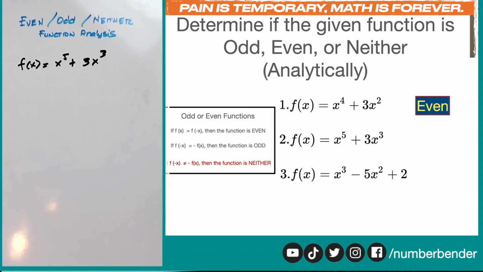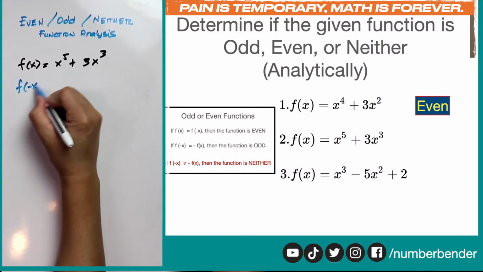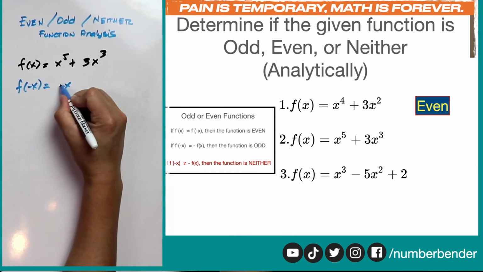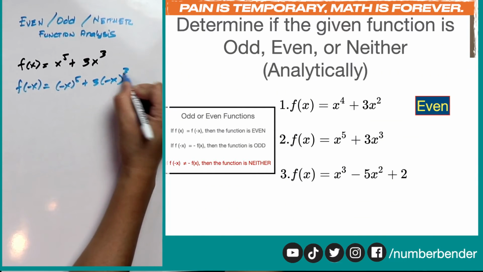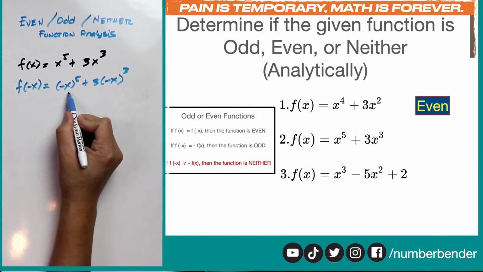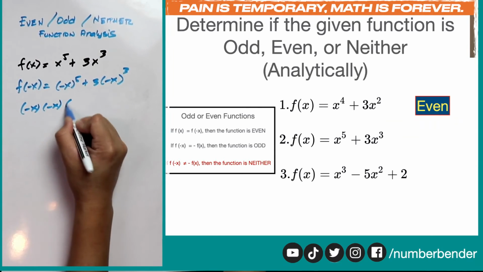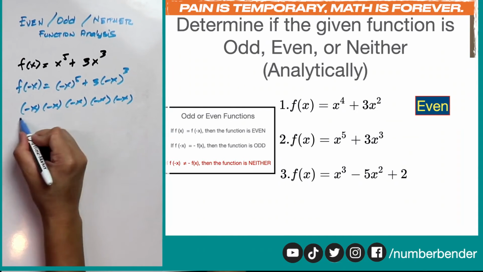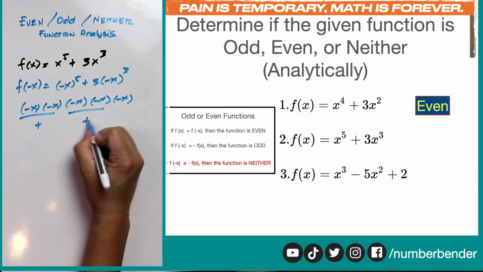And we're going to determine if they are the same if we introduce f of negative x. So f of negative x will have negative x to the fifth plus 3 times negative x to the third power. And if we expand negative x to the fifth, we'll have negative x, negative x, negative x, negative x, and negative x. The product of these two is positive. The product of these two is positive.